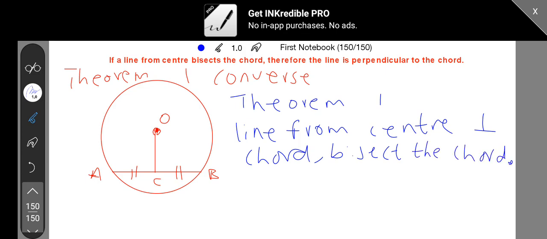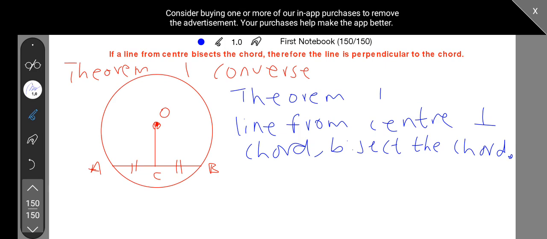So now let's write this thing in reverse. Well, if a line bisects the chord, therefore it is perpendicular to the chord. Do you see it? If a line from center bisects the chord, it means that the line is perpendicular to the chord. But the theorem says a line from center perpendicular to the chord bisects the chord. It's like we're writing the statement in reverse. So the one written in red up there is the converse, and the one in blue is the theorem.